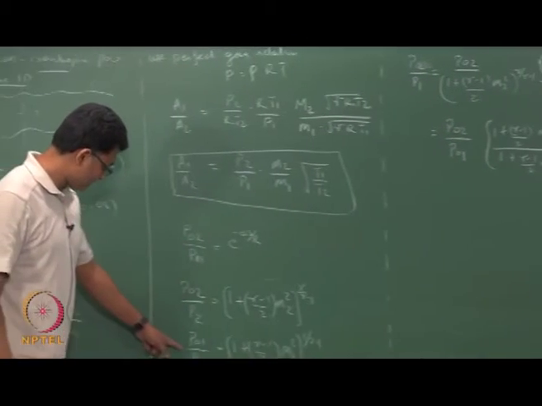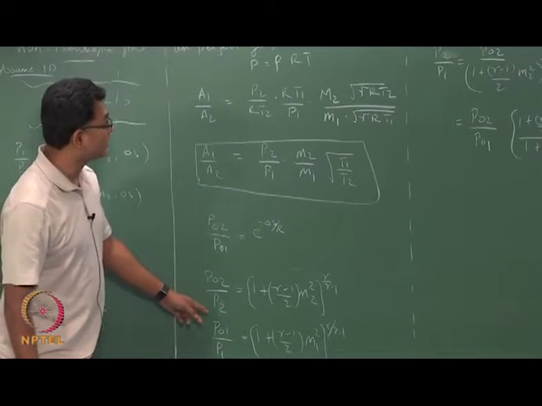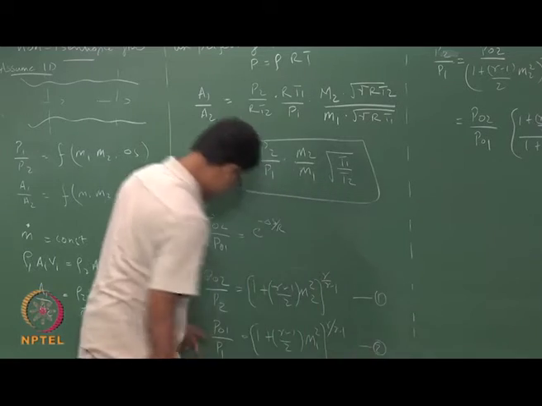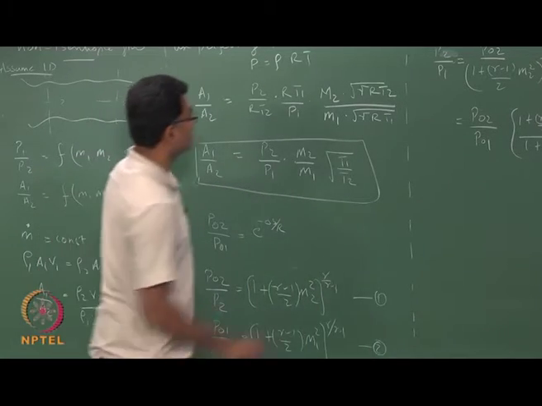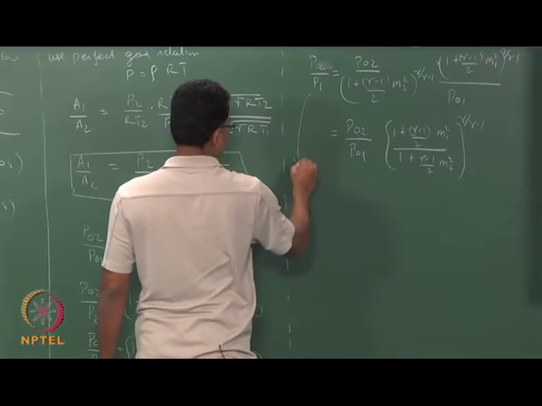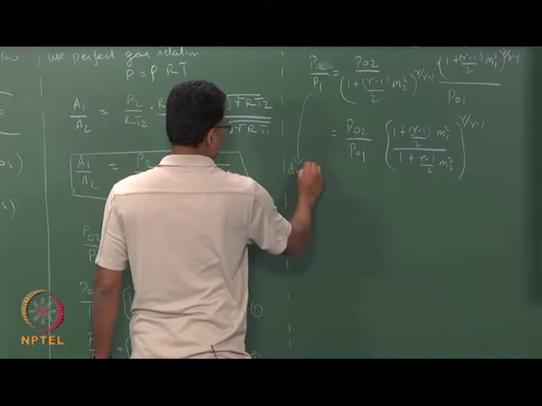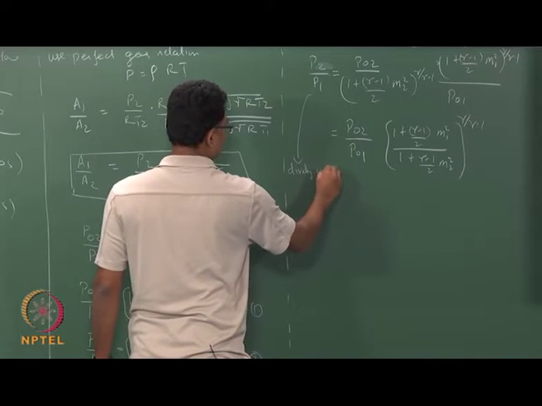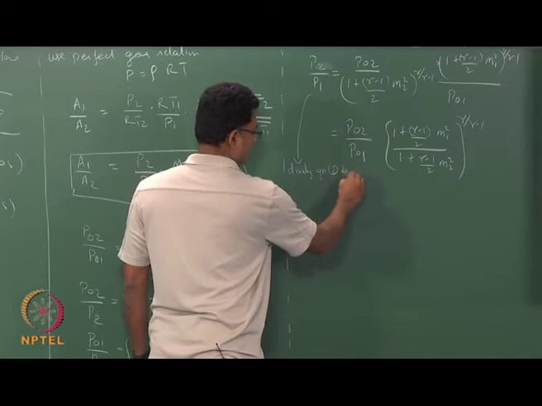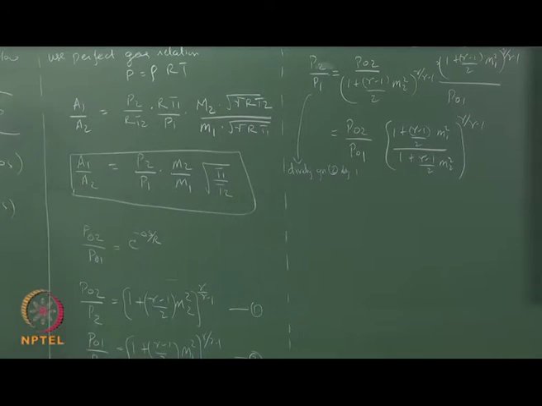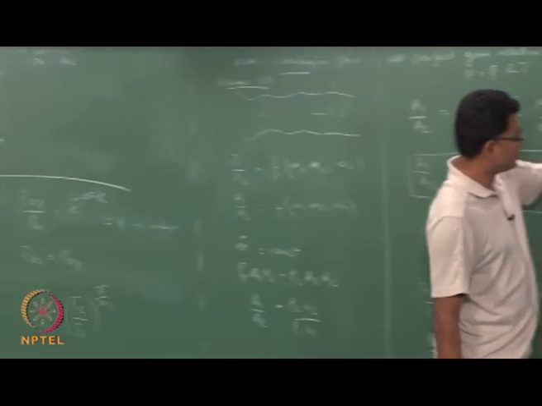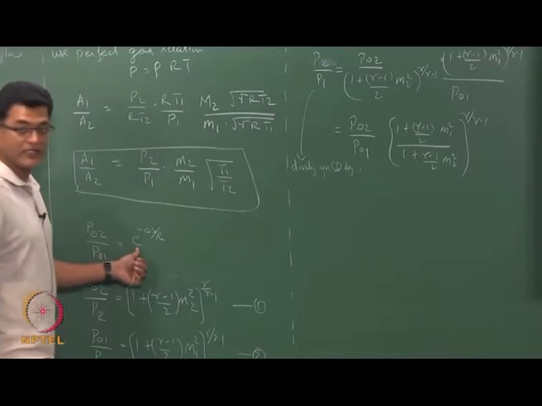So, I have taken these two relations and divided equation 2 by 1. Now, I replace P02 by P01 with this relation.